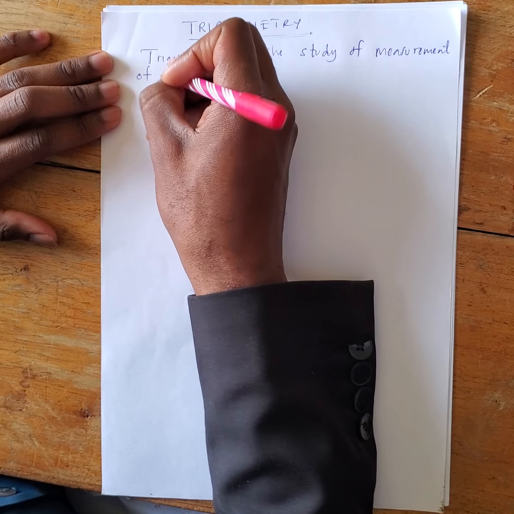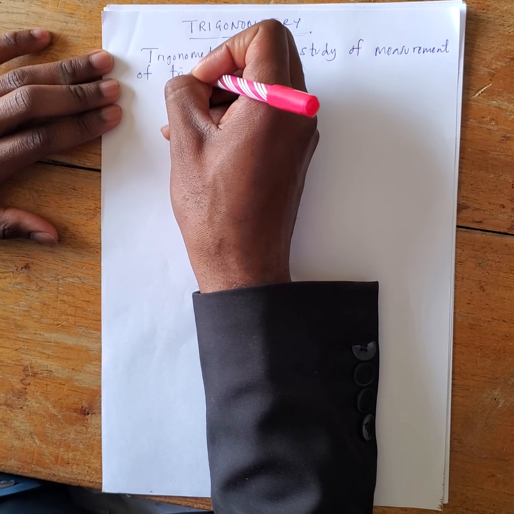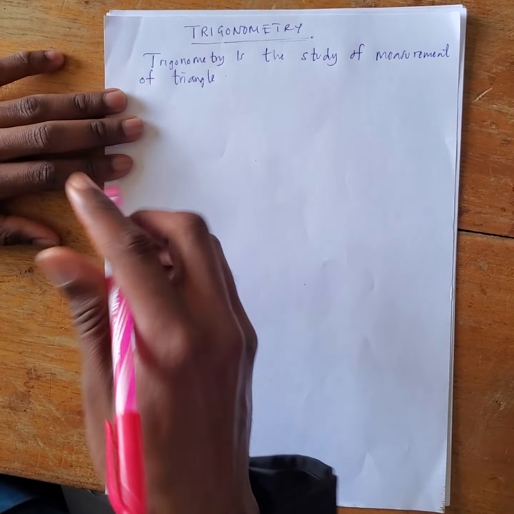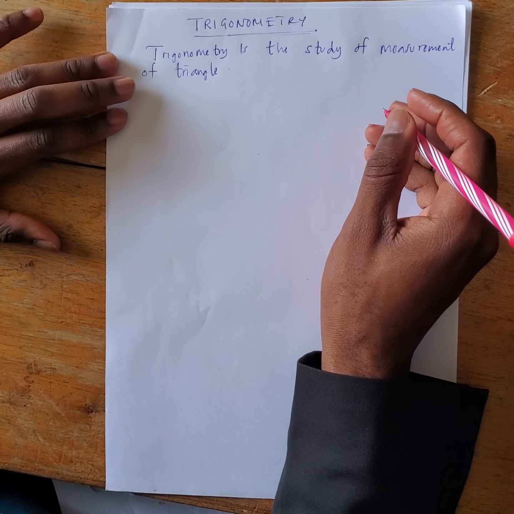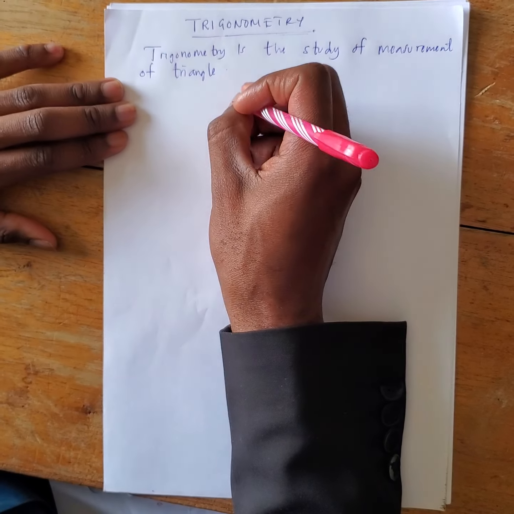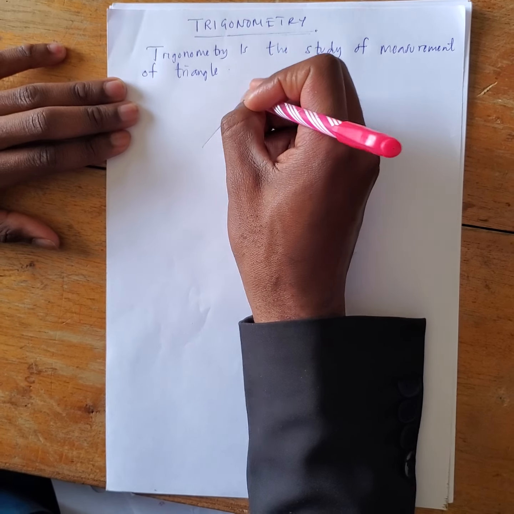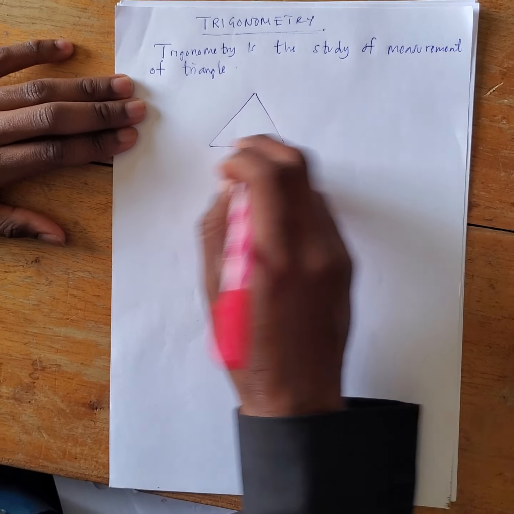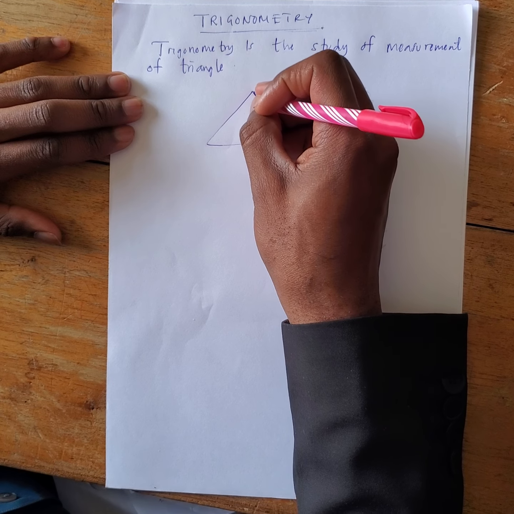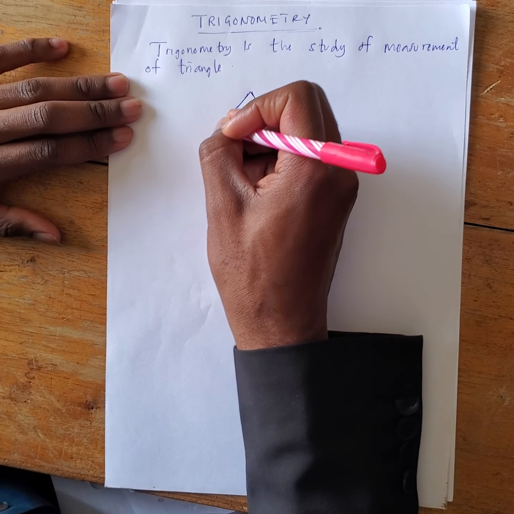But remember that in a triangle, what things can we measure? For example, we have maybe this triangle.